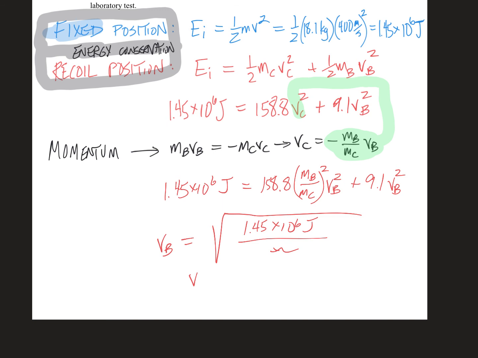I'm not sure, I think I miswrote there. So 389 meters per second. And that makes sense because in the fixed position, it was 400 meters a second. And now that it's allowed to recoil, it's less than that, and not much less than that. You would expect most of it to go into the ball's motion.